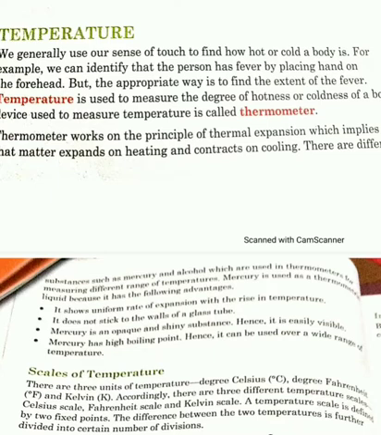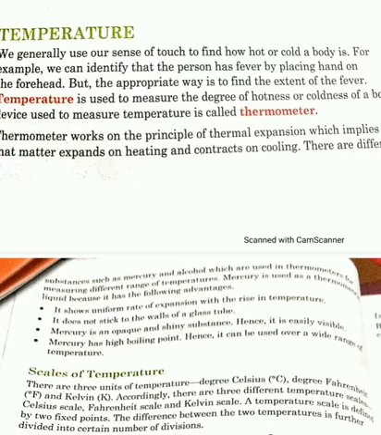Thermometer works on the principle of thermal expansion, which implies that matter expands on heating and contracts on cooling.